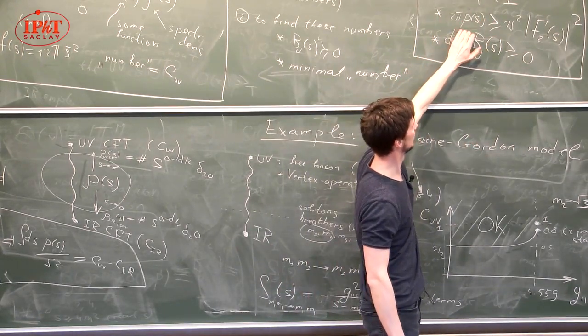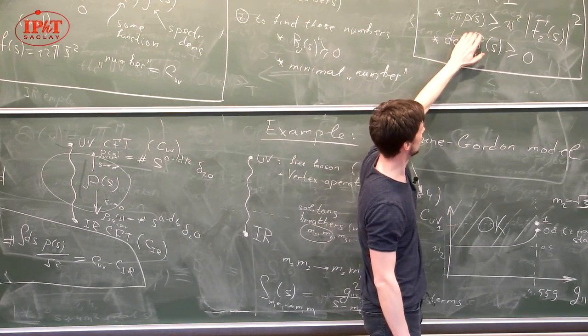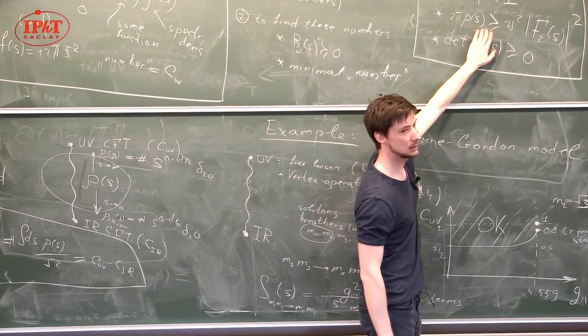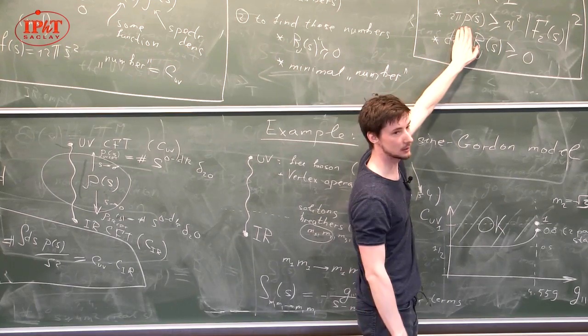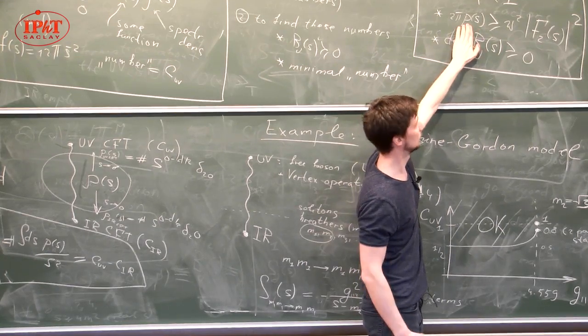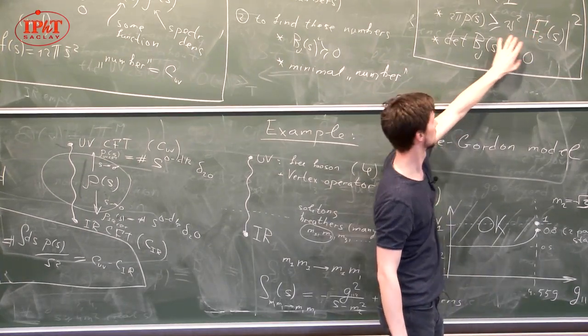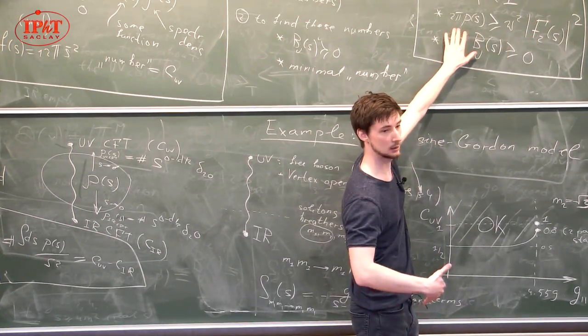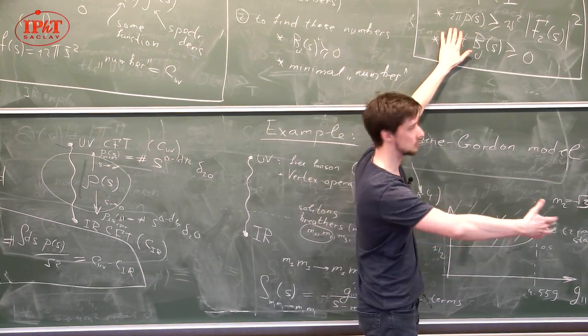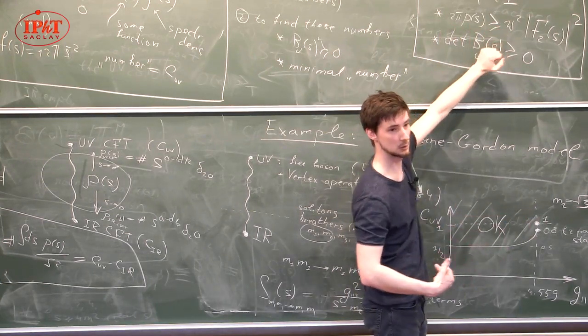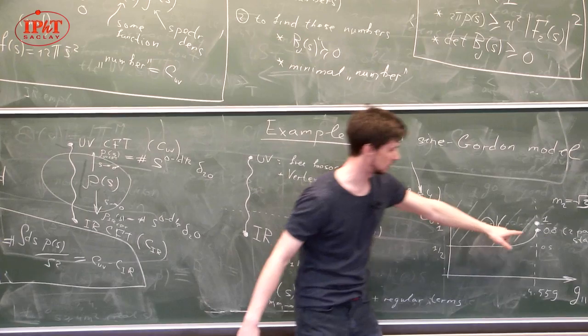And what happens here, it saturates this equality. So it basically tells you that the spectral density is composed only from 2 particle form factors. So in fact, the whole procedure does not recover the full spectral density, but only the 2 particle contribution to it. And that's the reason why we don't get to 1.